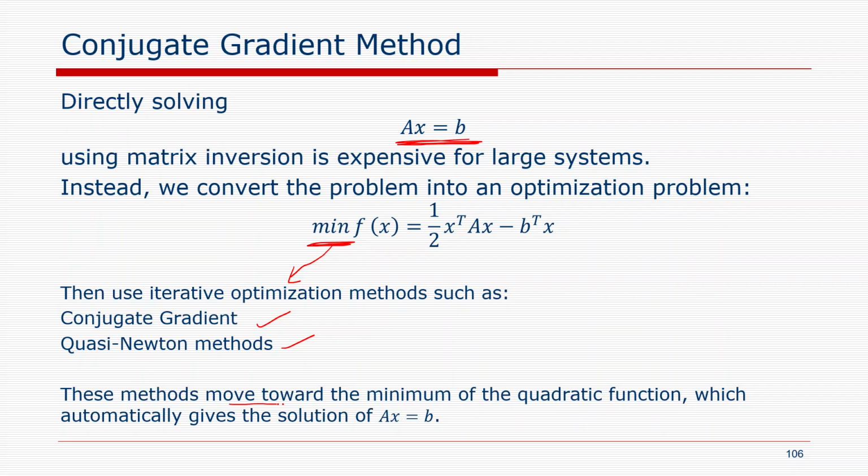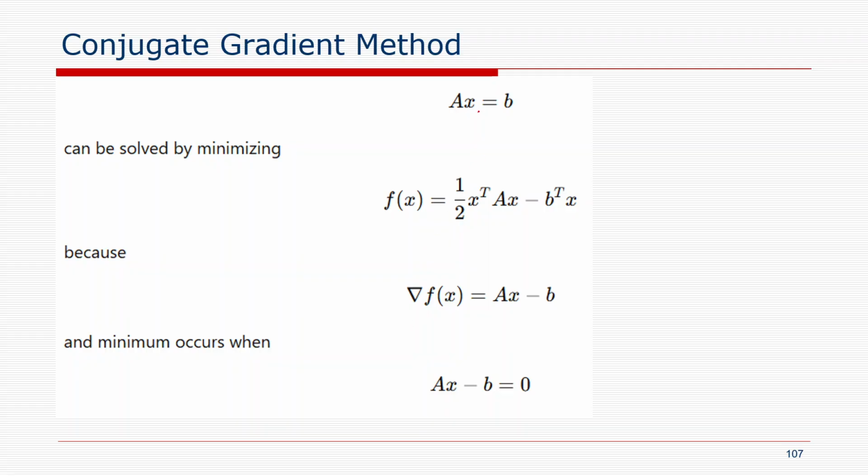That is, these methods move toward the minimum of the quadratic function, which automatically gives the solution of ax equal to b. Now, summarizing, our aim is that ax equal to b can be solved by minimizing this function, because derivative of f of x can be given as ax minus b. And now when we equate this to 0, it becomes ax equal to b.